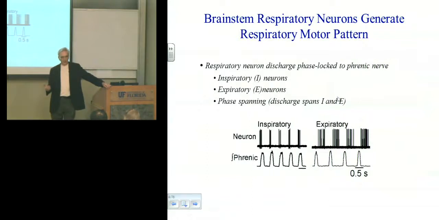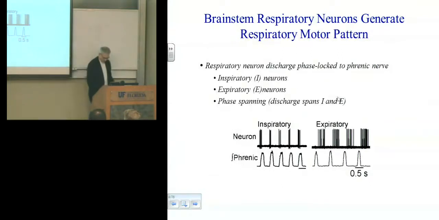Either they fire during inspiration and are silent during expiration, or vice versa. There are many shades on that, so there's a fairly extensive variety of subtleties that you can come up with. But all of these groups that we're going to talk about have some form of phasic respiratory activity, and hence that's how they were initially identified.